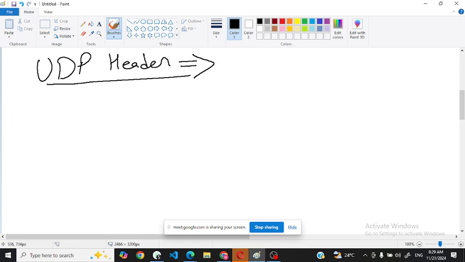And which protocols use UDP at layer 4? DNS, DHCP.